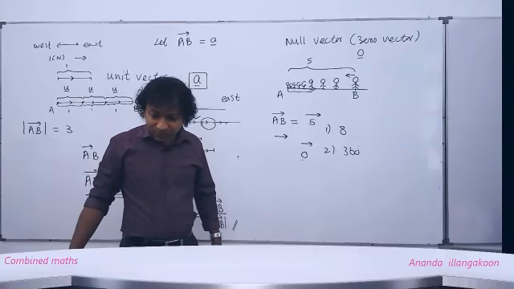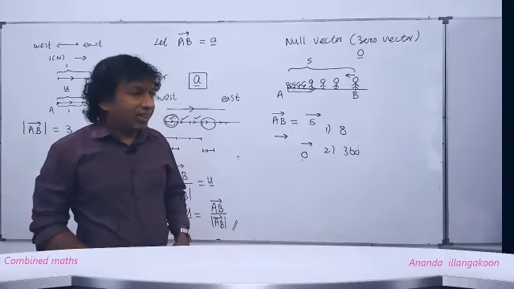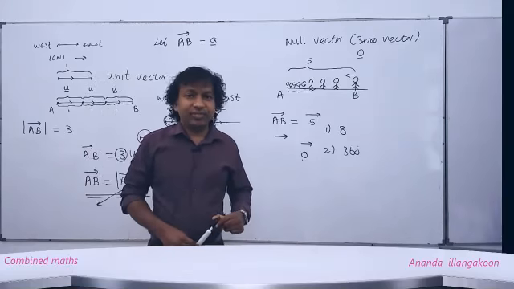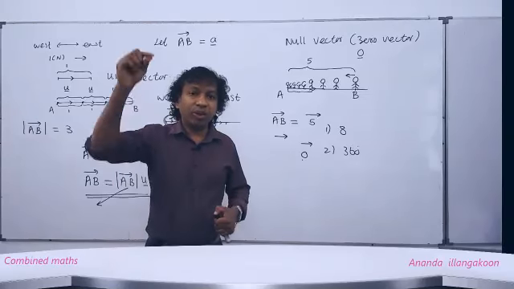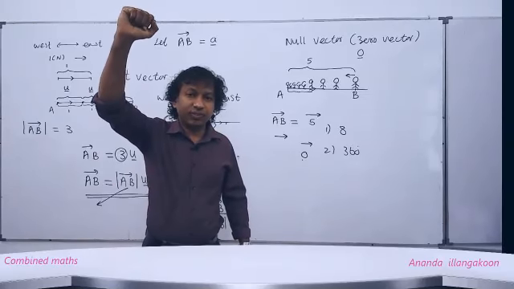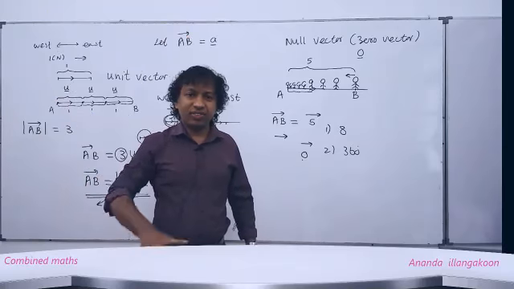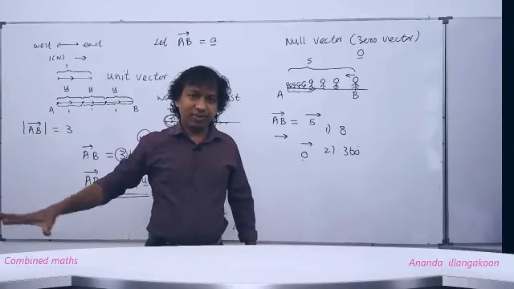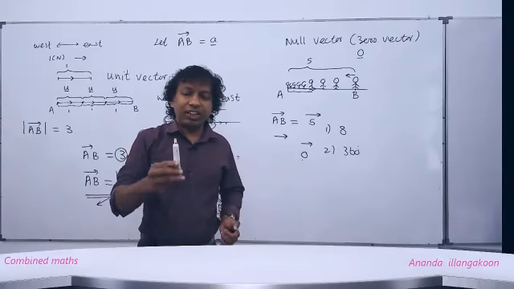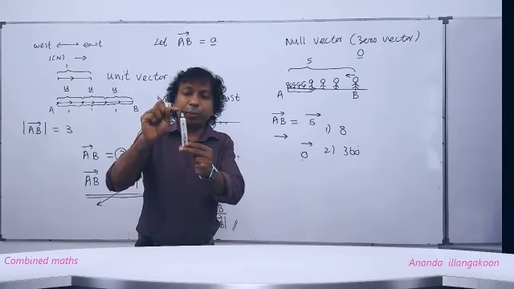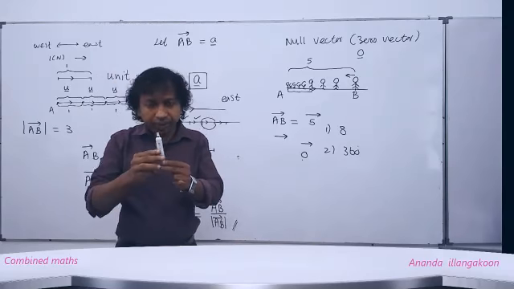Right. People, now, imagine a point in the space. Space means this, right? Open area. Imagine a point. If not, imagine your point as the point of this pin. Can you see that point of the pin? Right.